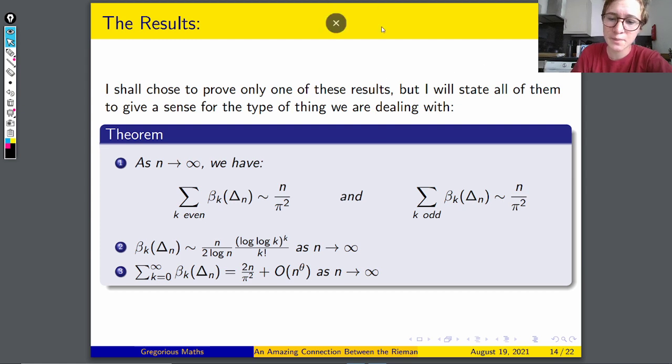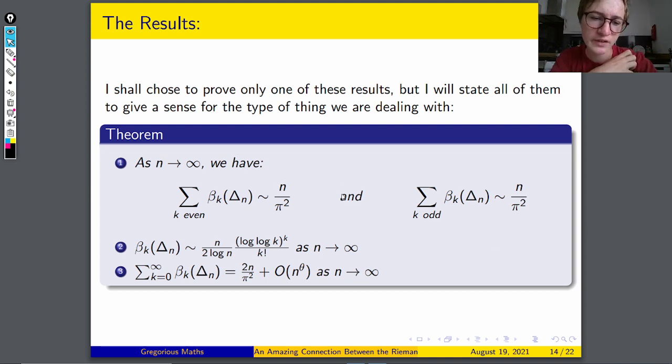And so there's a three-part theorem which I'm going to state, covering different aspects of the asymptotic behavior of the Betti numbers, but these two here require a lot of computations, which I don't really want to get into that much. So this one is much nicer to prove, and we're just going to go ahead and prove this number one thing here.